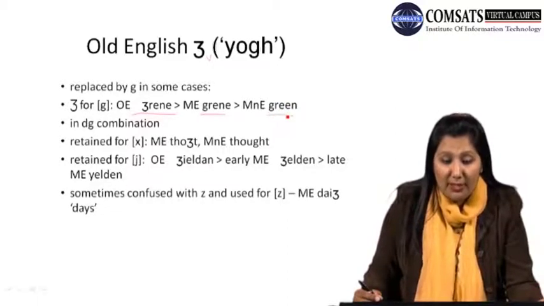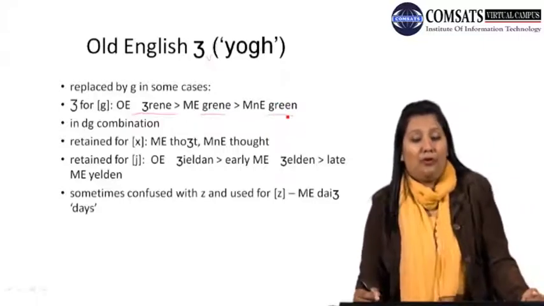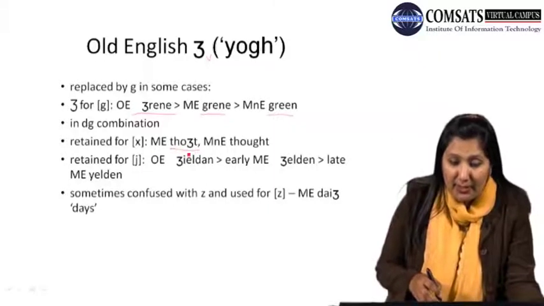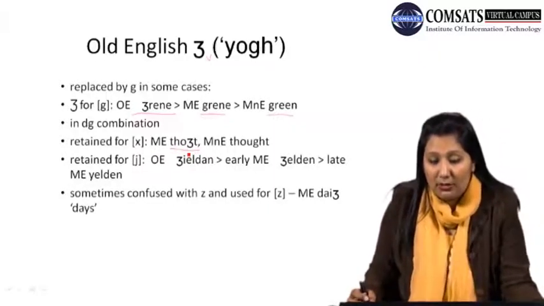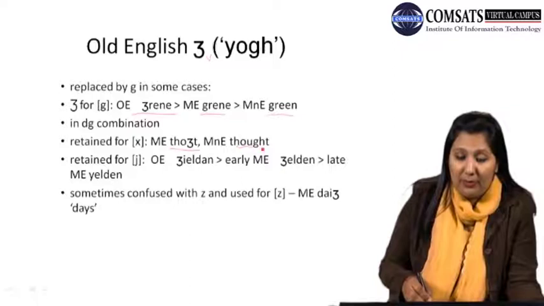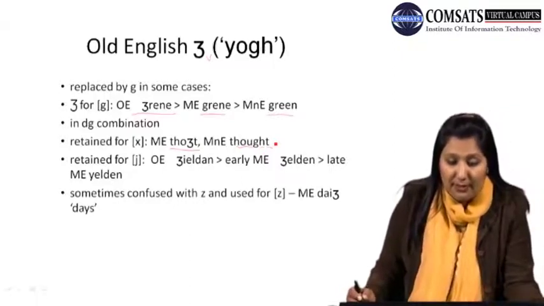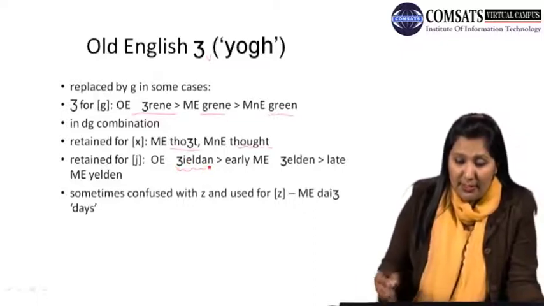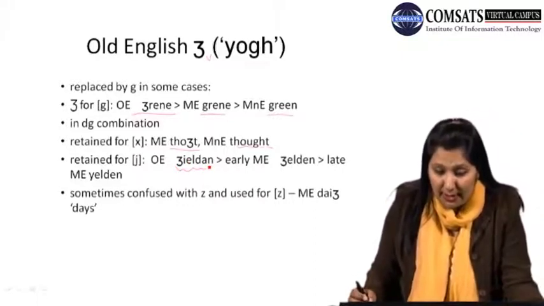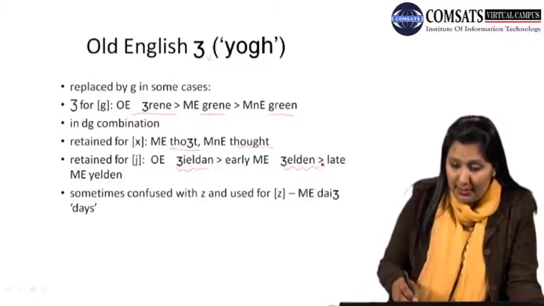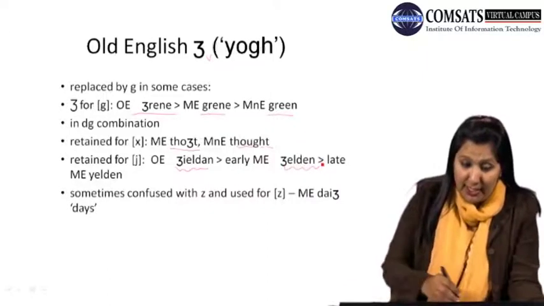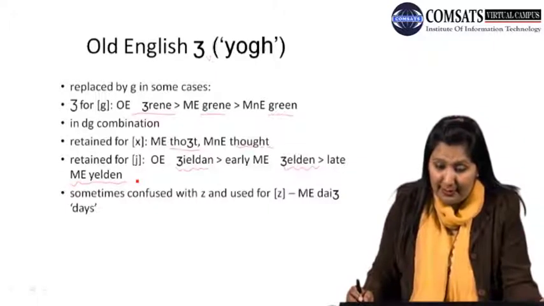Then the DG combination returned for a few of the words. For example, in Middle English there was thought, and then in Modern English it became thought. There are some words: it is gelden in Old English, and in late Middle English it is gelden.